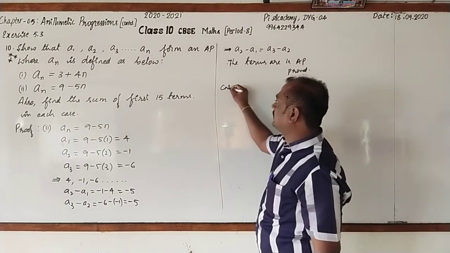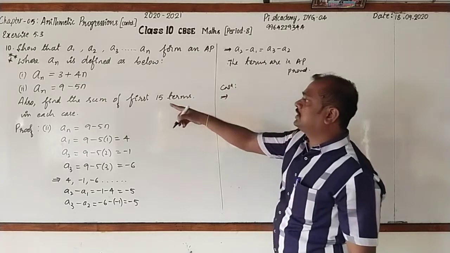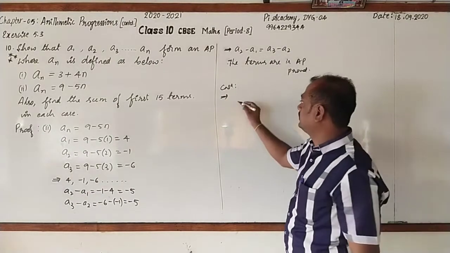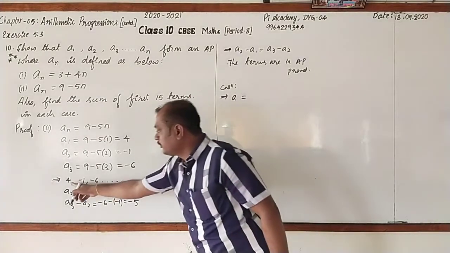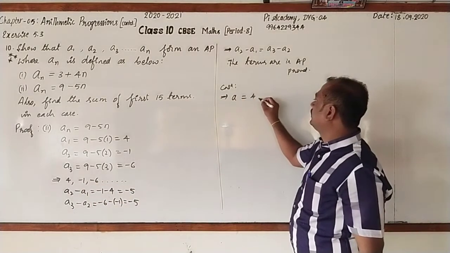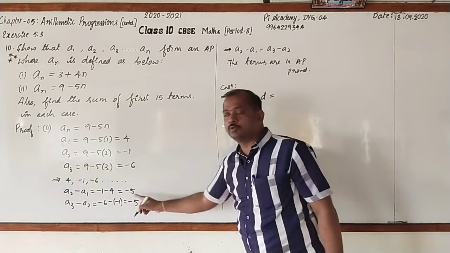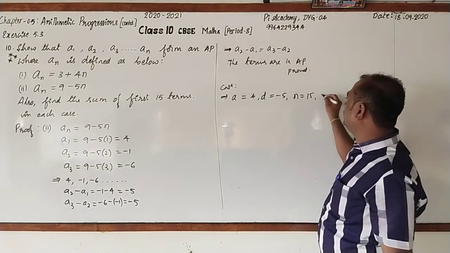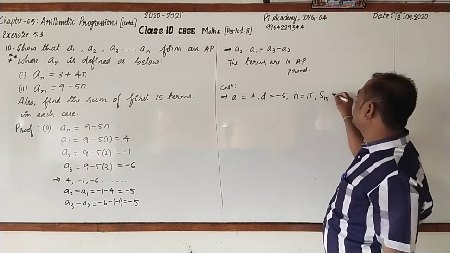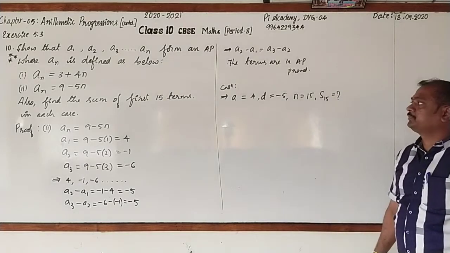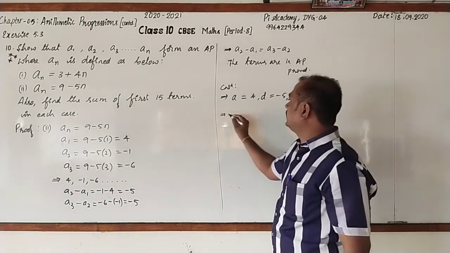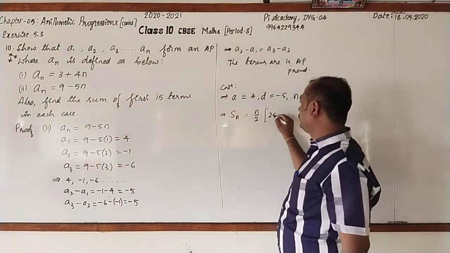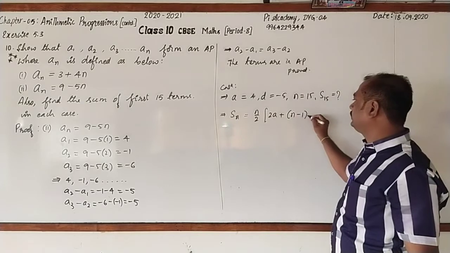Next, calculation. If it is so, we have to find out the sum of first 15 terms. What is the first term? First term is 4. Common difference, we just found out, is minus 5. Number of terms, 15. Then you have to find the sum of 15 terms. Sn is equal to n by 2 into 2a plus n minus 1 into d.